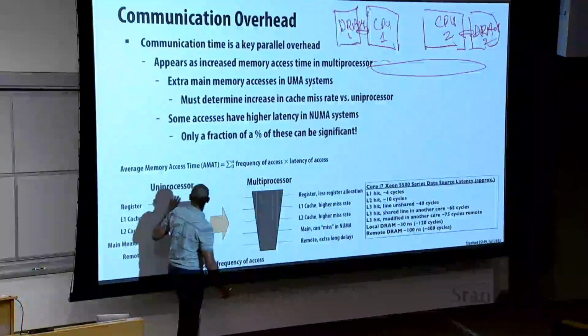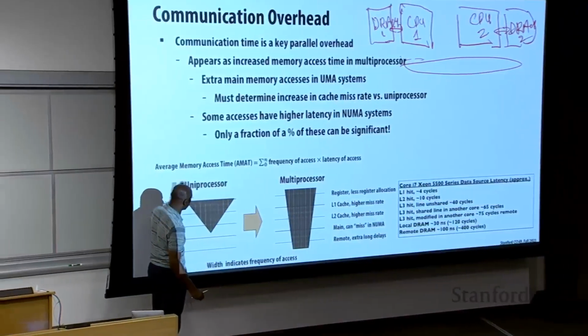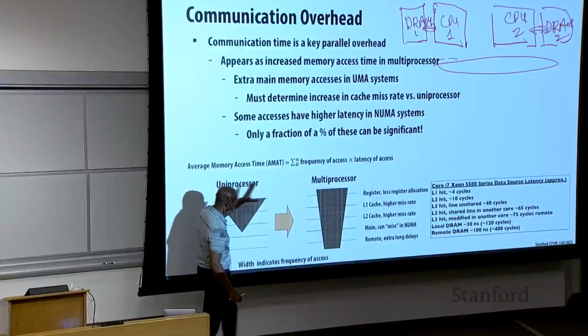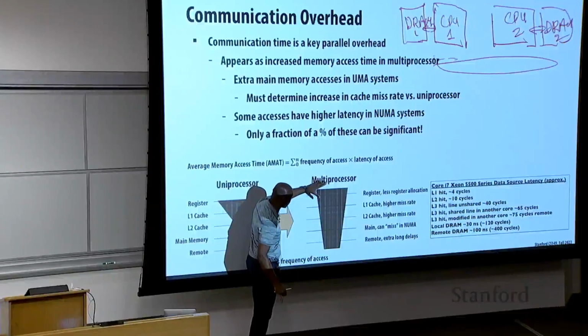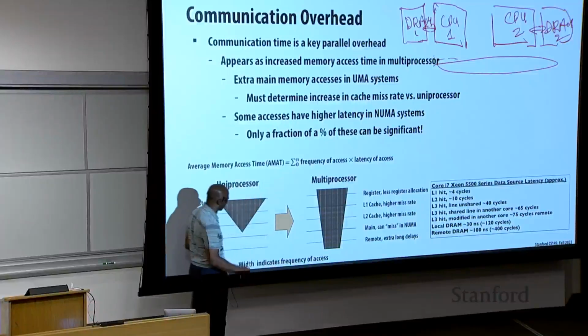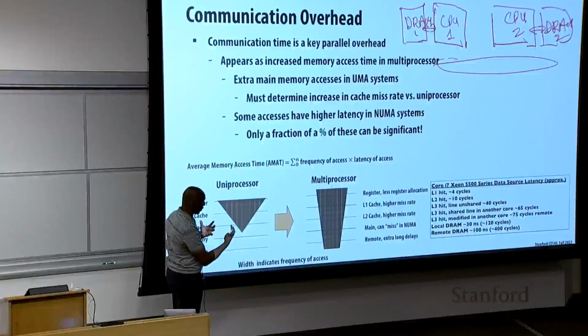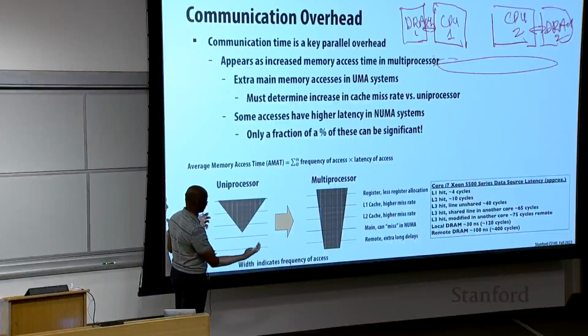And what happens when you go from a uniprocessor application to a multiprocessor application is that you change the distribution of accesses such that you access levels of the memory hierarchy that have longer latency, right?